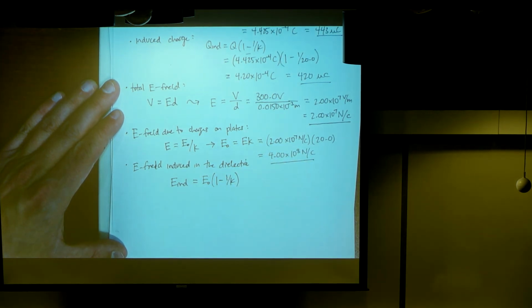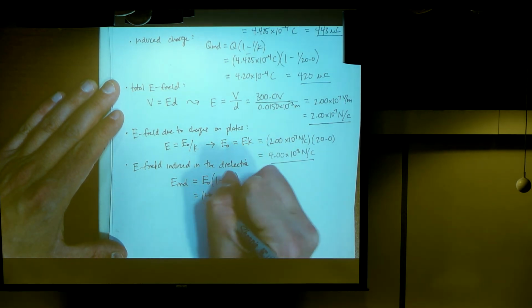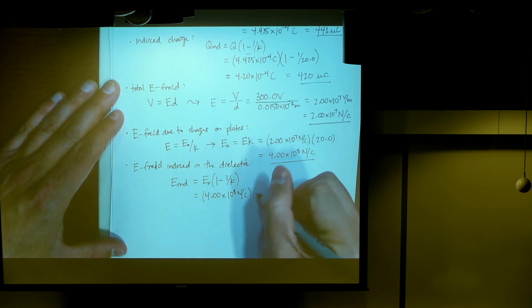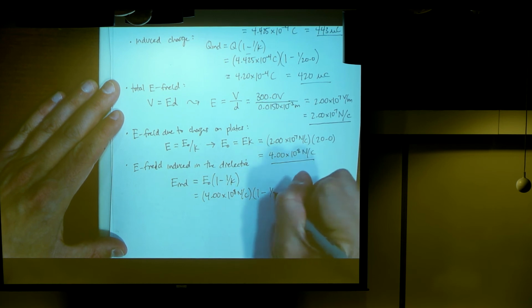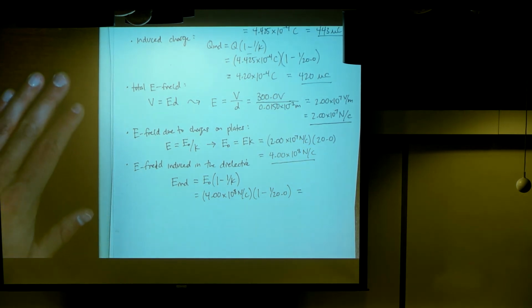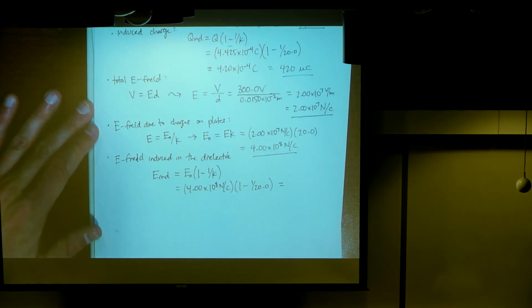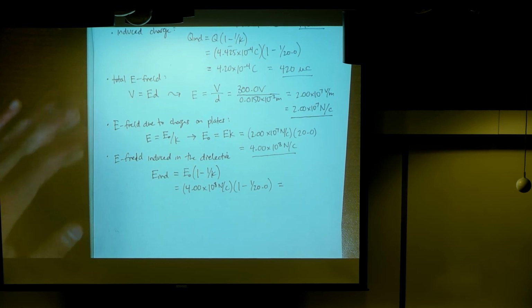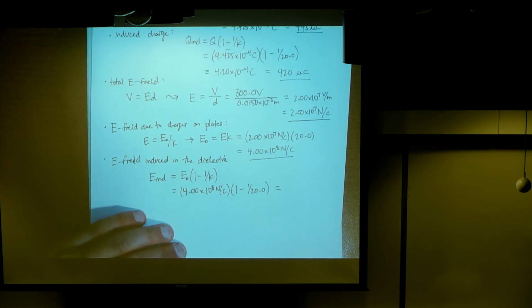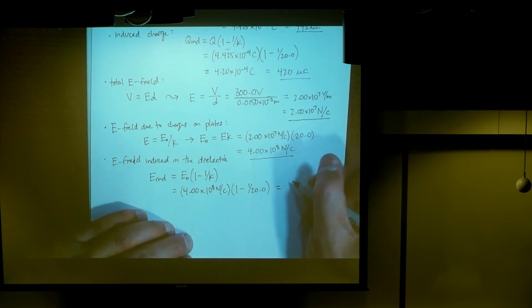Okay? So E naught is what we just found, 4 times 10 to the 8 newtons per coulomb. And then we have 1 minus 1 over 20. What does that work out to? Times 10 to the 8.